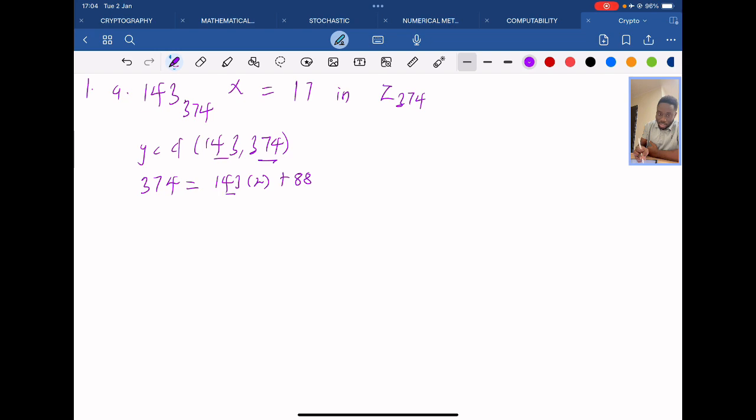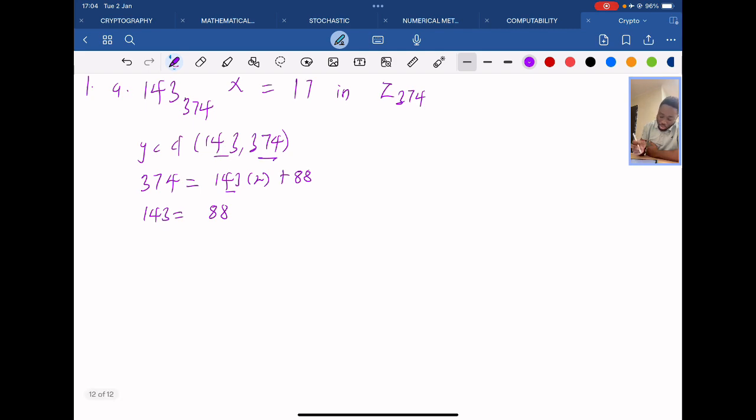Then we write this as the next one. 143 is equal to, over here we bring the remainder, 88. How many times will 88 go into 143? Once, plus a remainder of 55.